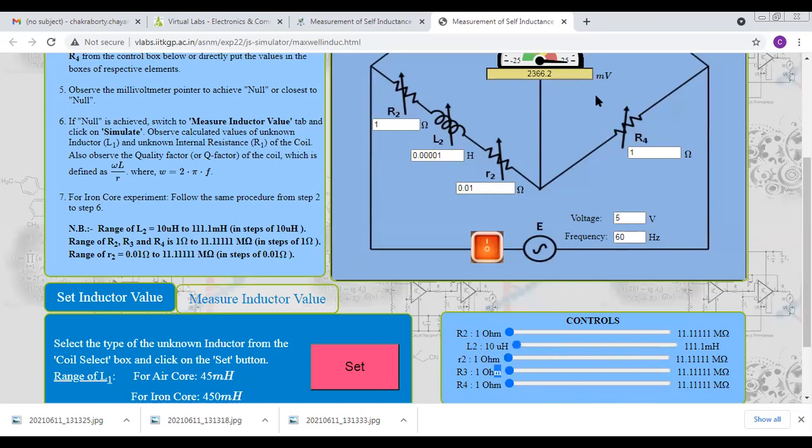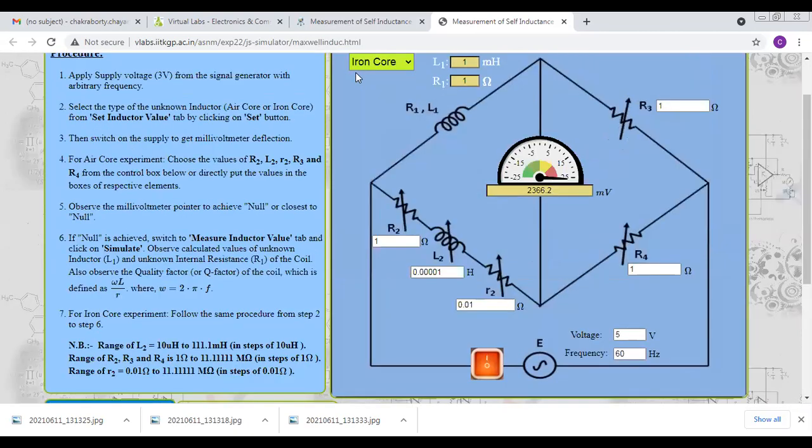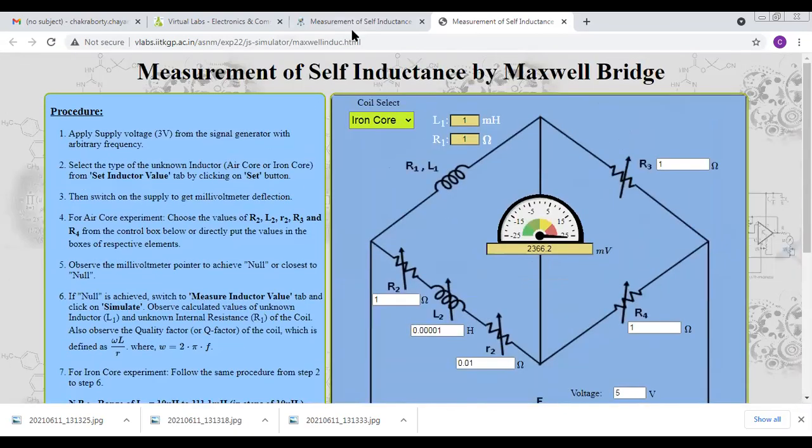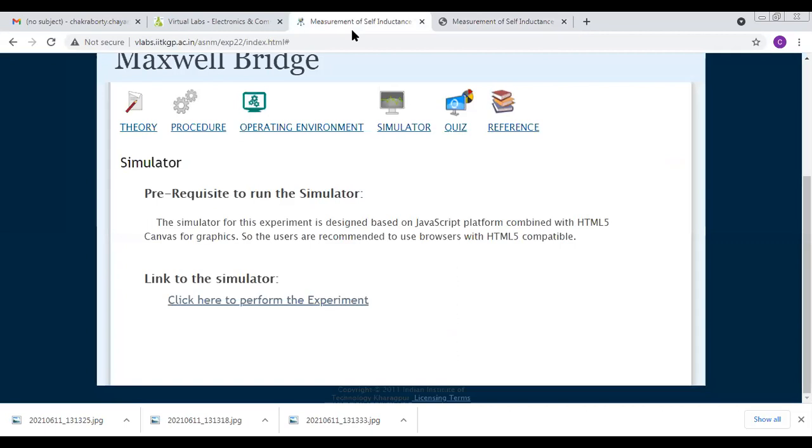Okay, guys. Whenever this type of experiment is being done, go to the initial switch and click over here.